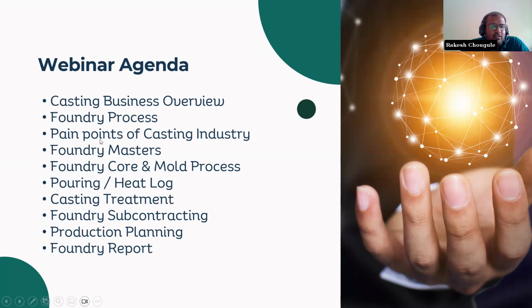Then we will discuss the pain points which the industry currently has. Then how we cater, how we deliver through creating various masters and data entries like core manufacturing and mold manufacturing, which are sub modules to the main production of the casting. Then how we enter the pouring log or heat log. Then after production, what will happen to that casting? Then how it will be sent to subcontracting, then production planning and reports. This will be our agenda for today's meeting.